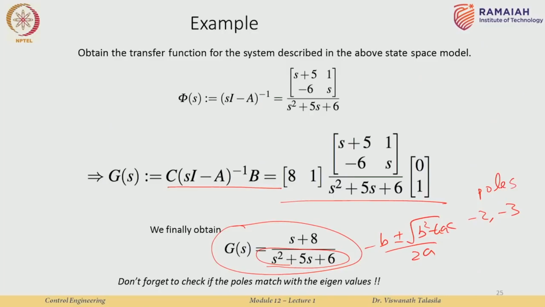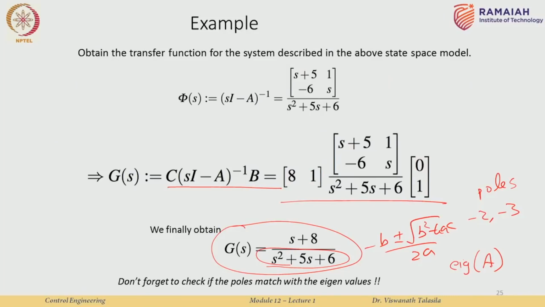To double check that these poles are correct and that we have obtained them from the correct state space expression, what you can do is compute the eigenvalues of the matrix A, and I will explain why that is true. We already saw a simple example of the mass spring damper where this was exactly the same.